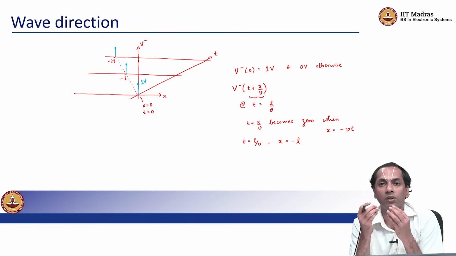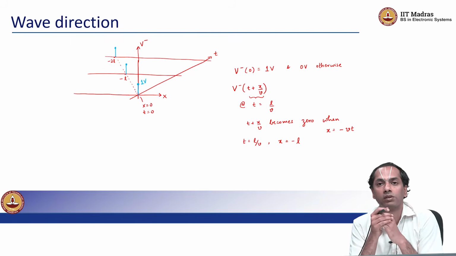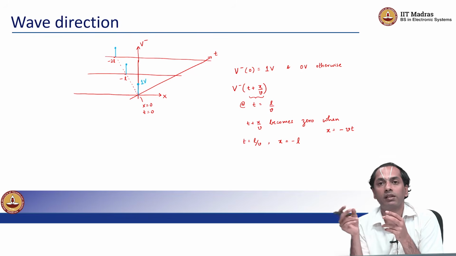If I have some particular voltage at some particular location, the V plus function denotes that voltage propagating in the positive x direction for future times, and V minus is a function that denotes this voltage's movement in the negative x direction for positive times.